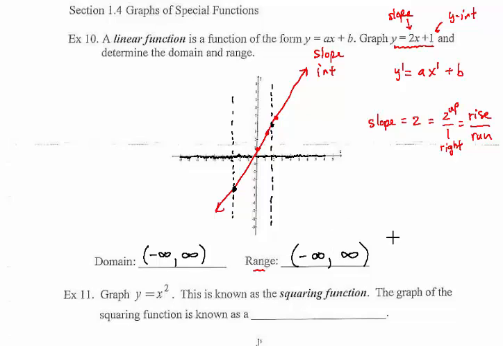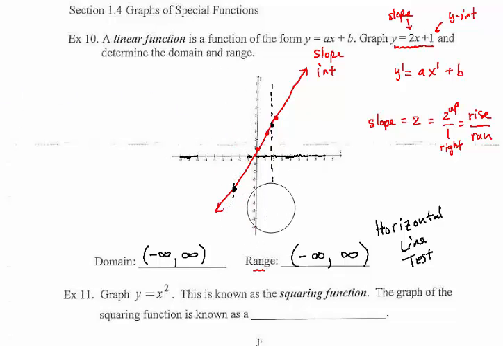In the case of the range, you would think of yourself doing a horizontal line test. So if we did a couple examples of this, what we're trying to do is ask, is there a gap vertically?